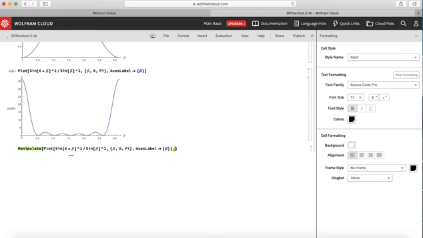Plot sine square 6 beta upon sine square beta, beta equal to 0 to pi. But I need to see what I would like to manipulate. Here I would like to change the parameter, the number of slits n. So instead of 6 I will give n here, and then I would like to vary n.